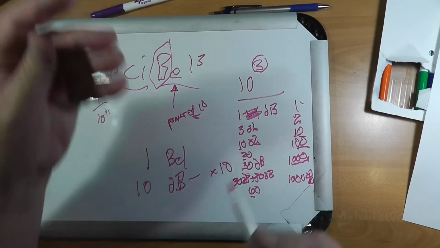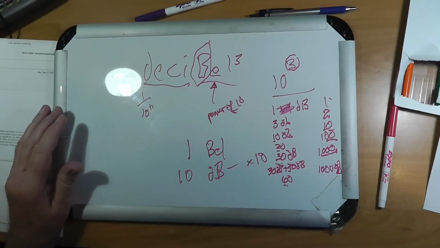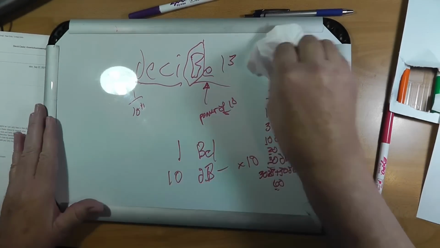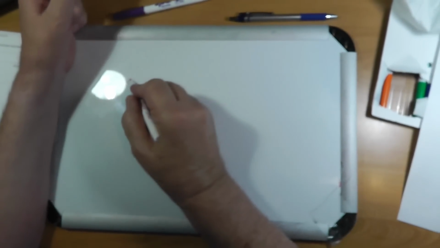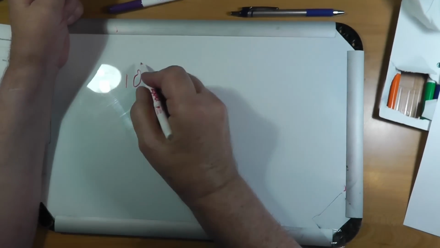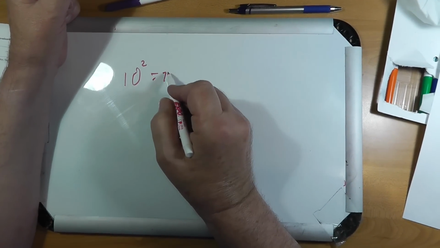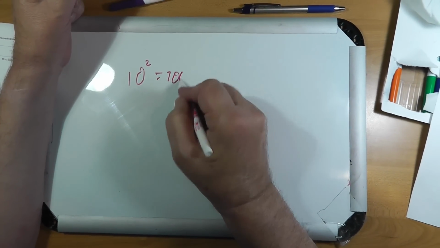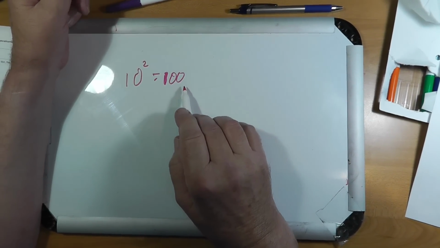Now, the cool thing about decibels, they're based on logarithms. And as you recall from your high school algebra class, the one day you absolutely hated it, if you take an amplifier that multiplies by 100 times, 10 squared is 100, so it amplifies by a factor of 100.